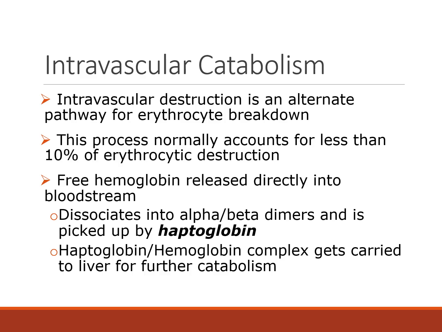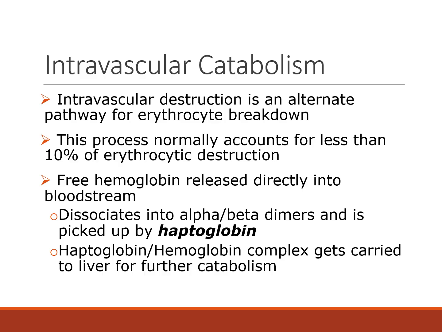It can be a very bad situation if it's occurring in excess, and haptoglobin picks up the free hemoglobin. But once the haptoglobin has been all bound up by free hemoglobin that is circulating, we then have a spillover into the urine. This is the basis of many of our hemolytic anemias, such as transfusion reactions when, for example, a patient receives blood that is not compatible with their genotype.